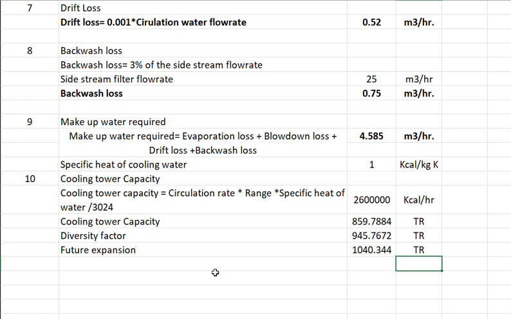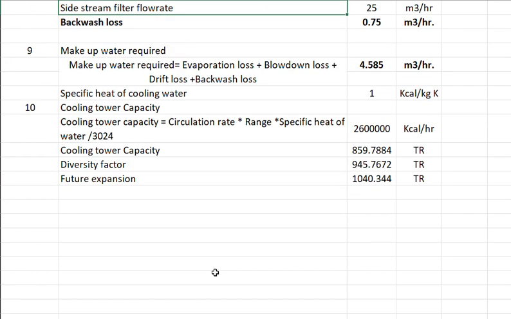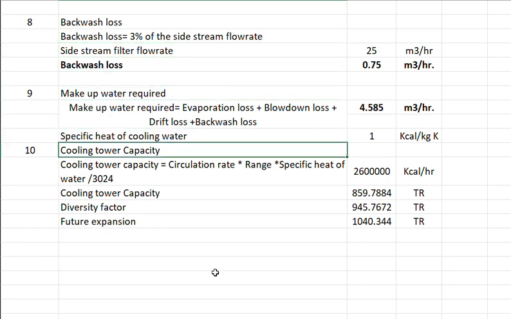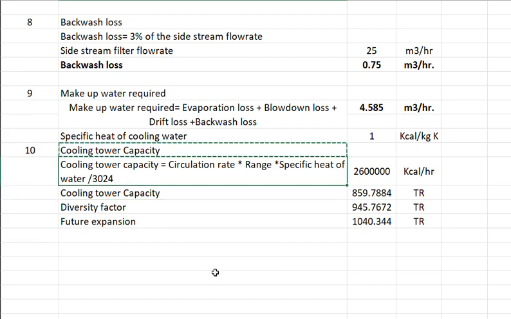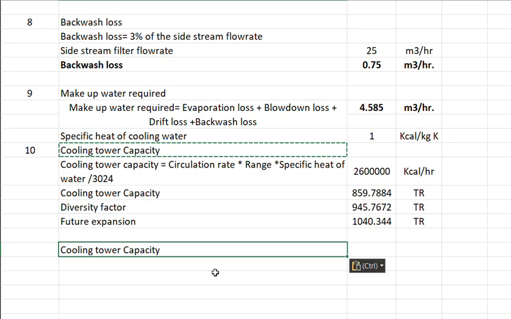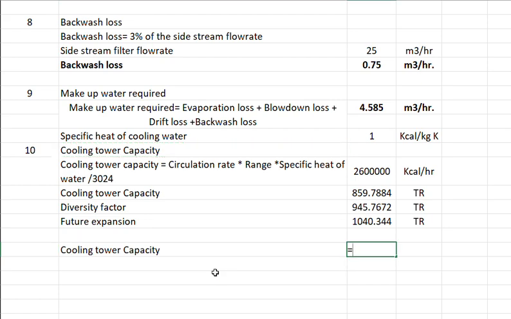That's why I have considered 10% for future expansion. You can consider it based on the actual requirements of your organization. The calculated cooling tower capacity is 1000 TR, 1040 TR.